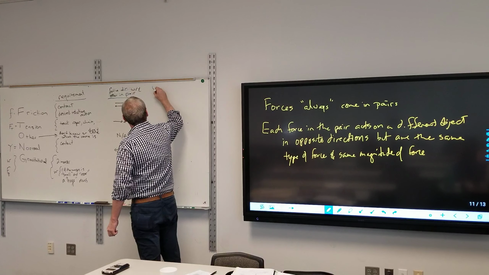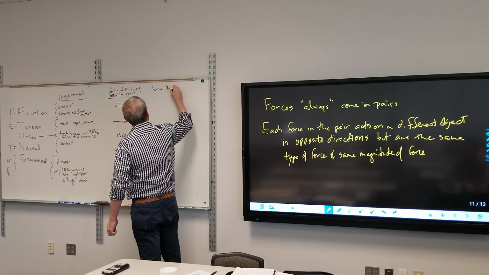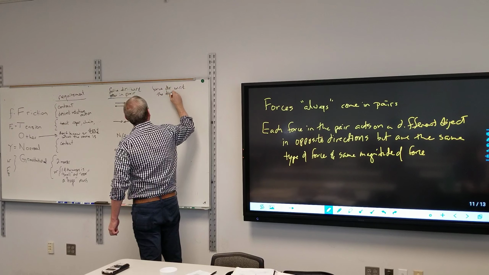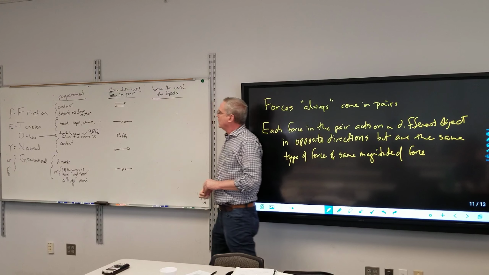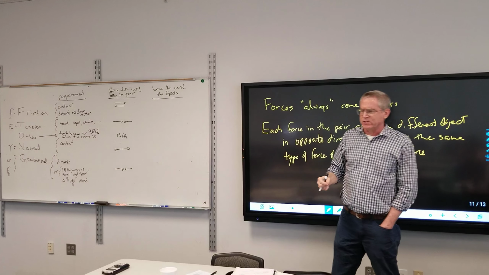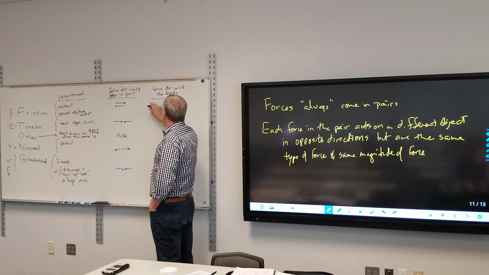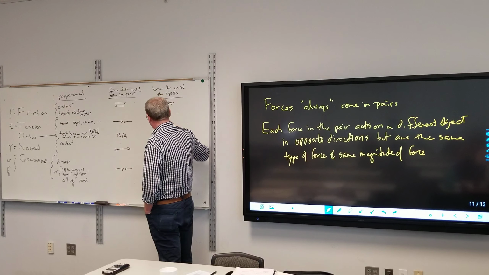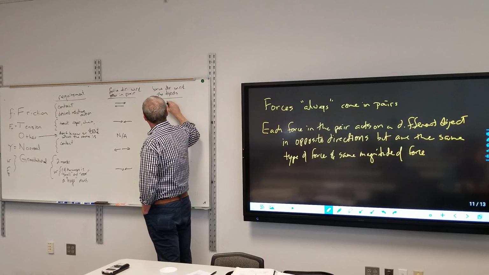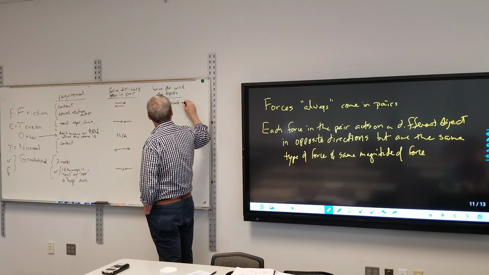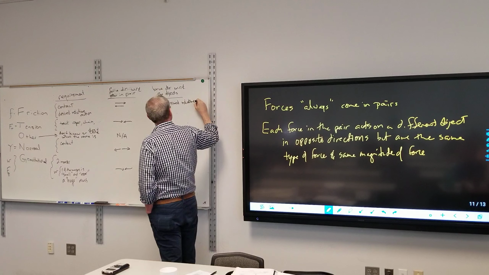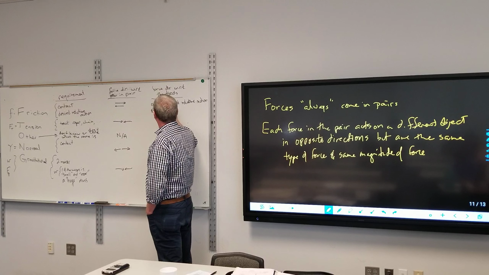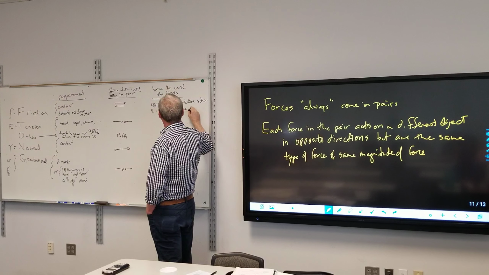And now force direction with respect to the objects. So friction wants to oppose the desired relative motion, and is parallel to the surfaces of contact.